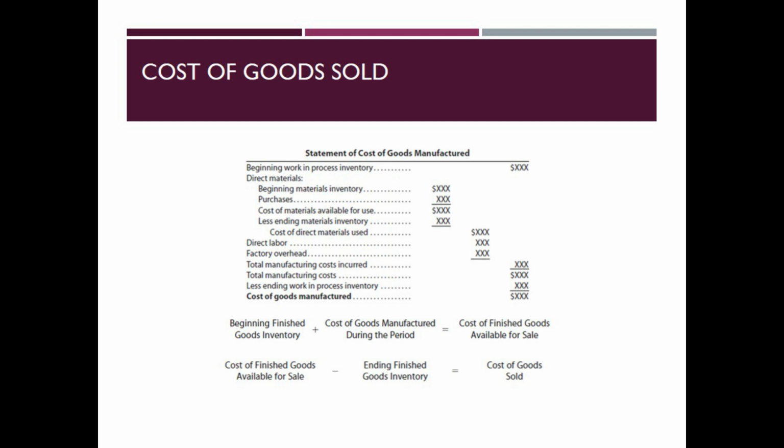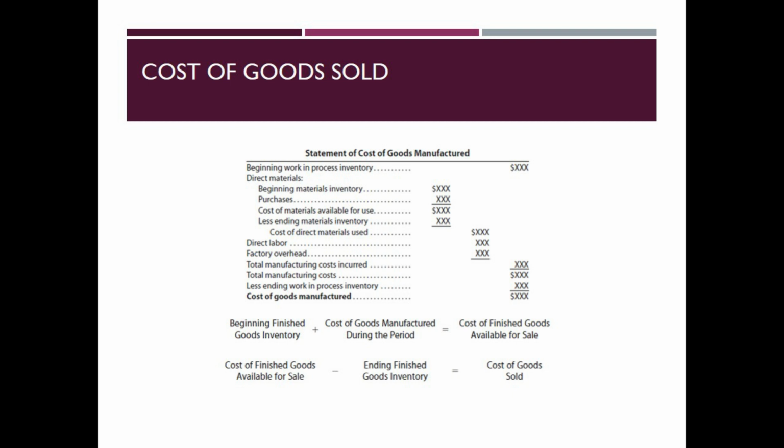For direct labor that is computed, factory overhead that is computed, those three would be referred to as total manufacturing costs incurred. So the direct labor, the direct materials, factory overhead for that specific period is referred to as total manufacturing cost incurred.